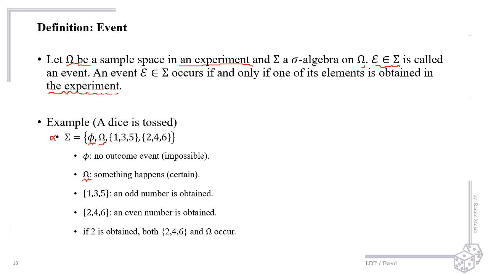It's a situation that something happens and an elementary outcome is obtained, and by the definition we know that it is certain. The third member is also an event. It's the event that an odd number is obtained in the experiment, and the last one is the event that an even number is obtained in the experiment. If 2 is obtained, both this event and omega occur.